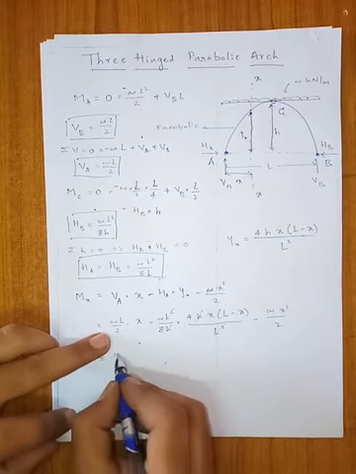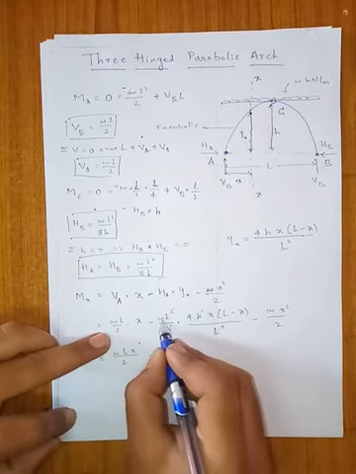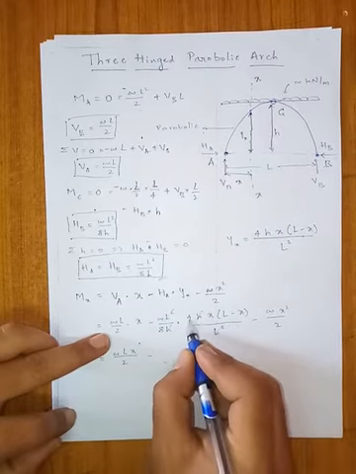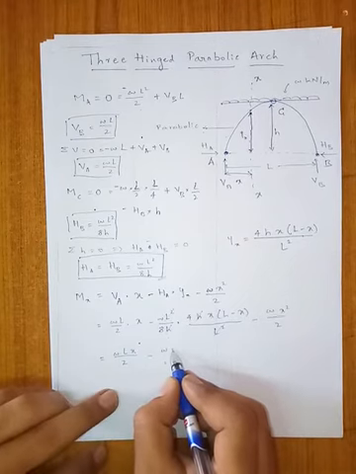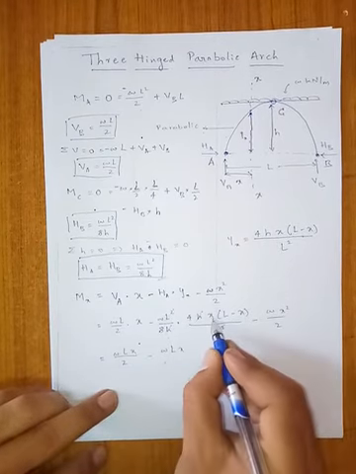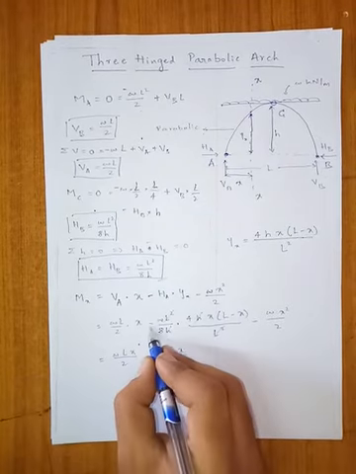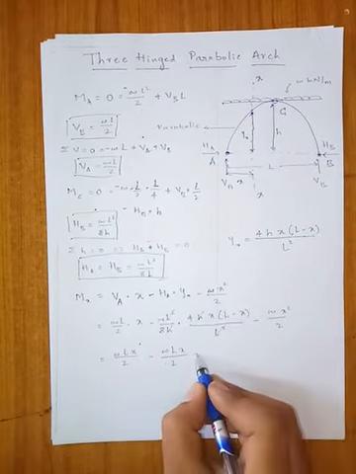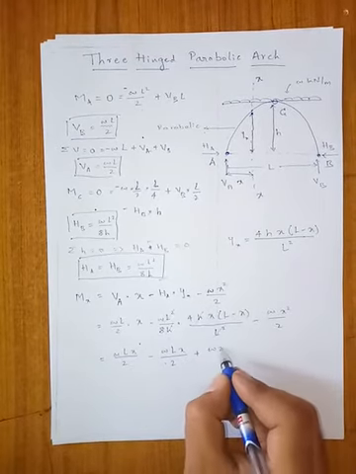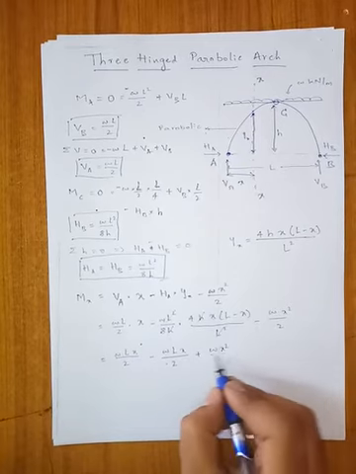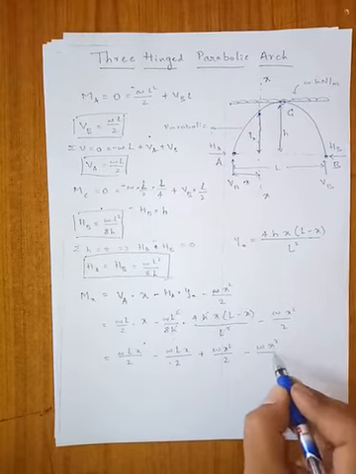WLx upon 2, minus W into x into L upon 4 by 8, which is 1 by 2, that is WLx upon 2. Next term, minus into minus is plus, Wx into x is Wx square, 4 by 8 is 2, so Wx square upon 2. Next, this term as it is, minus Wx square upon 2.